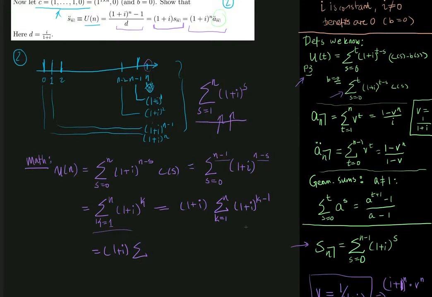And for k equals 3, it's 1 plus i to the 2nd. All the way up until k equals n, where it's 1 plus i to the n minus 1. So this sum is actually the same as the sum where I consider k going from 0 up to n minus 1. And then I just have 1 plus i to the k up here.